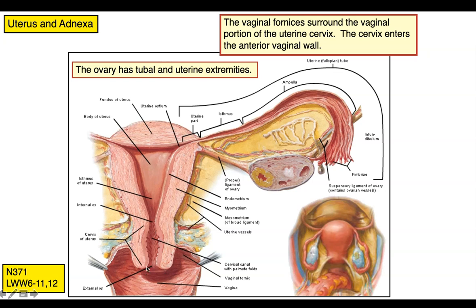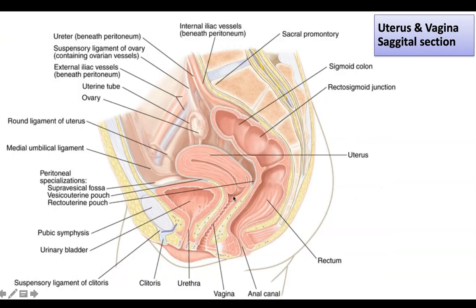The vagina surrounds the cervix, and these circular spaces of the vagina surrounding the cervix form the fornices of the vagina. Anteriorly there is the anterior fornix of the vagina, and posteriorly the posterior fornix of the vagina.